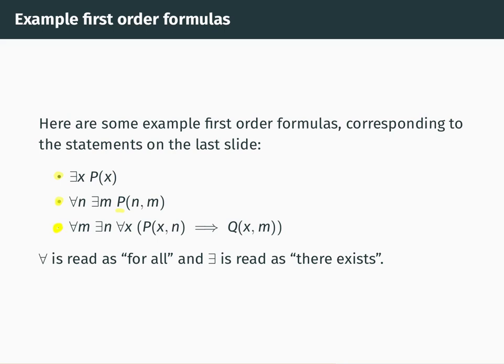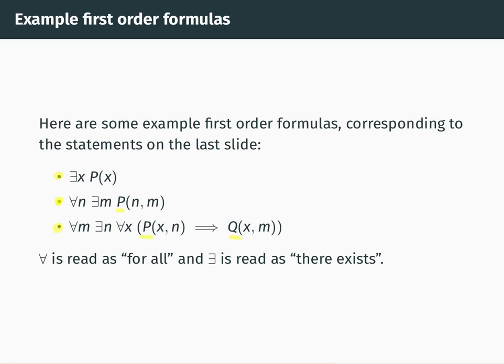And finally, the most complicated statement on the previous slide was that for all real numbers m, there existed a real number n, such that for all real numbers x greater than or equal to n, e to the x was larger than m. And you can express that by using the final example first-order formula here, where we have two relations, P and Q.